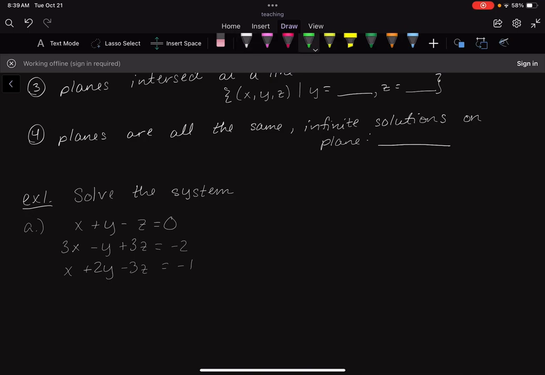So let me repeat what we're trying to do here. I'm going to label them as 1, 2, and 3. I want to pick two of these equations and cancel out a variable. Then I will pick a different two of these equations and cancel out the same variable.